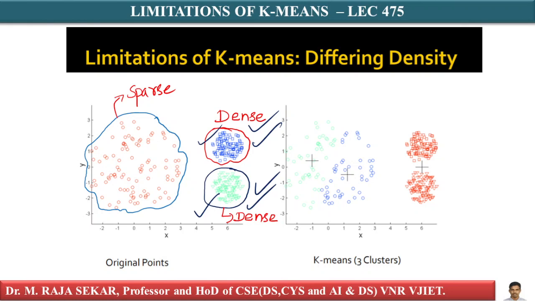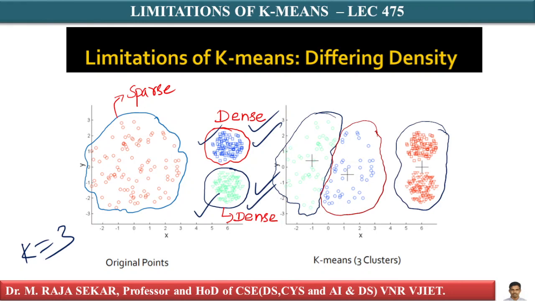When you apply k-means with k equal to 3, you will end up with clusters like this. Of course, there is a size difference also, but there is also a density difference.